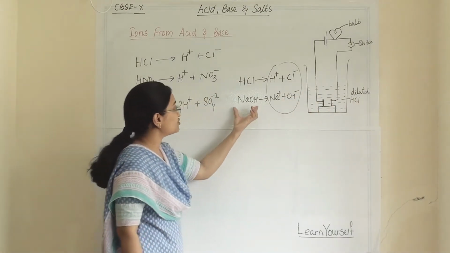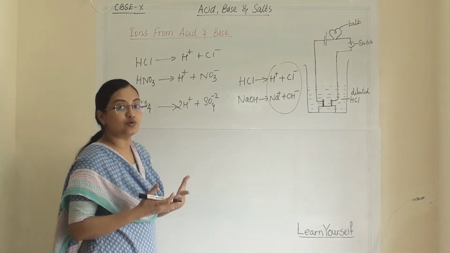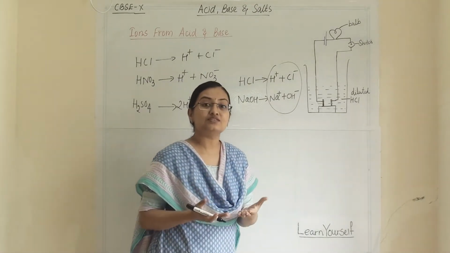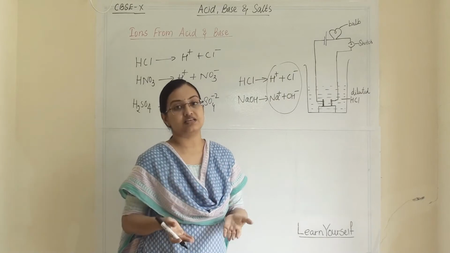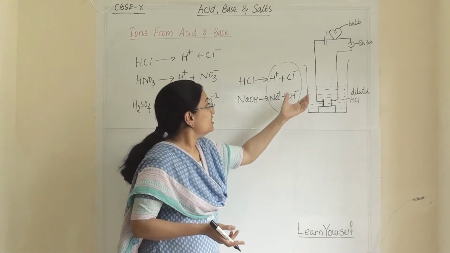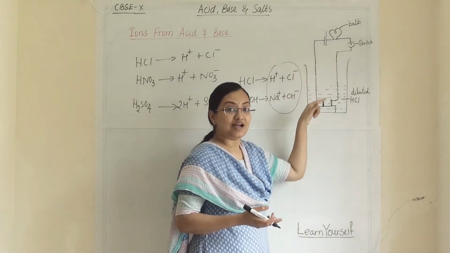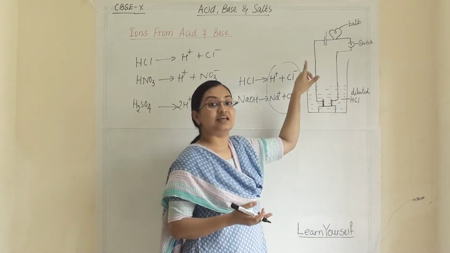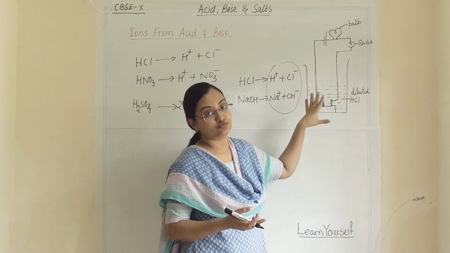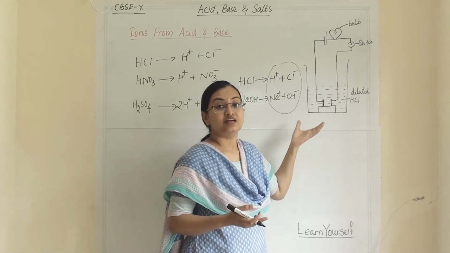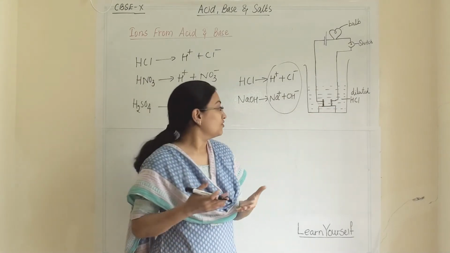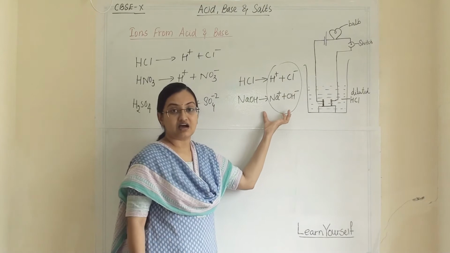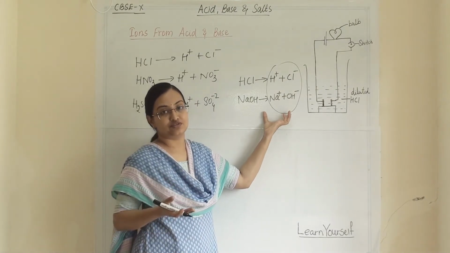In the case of bases also, whichever base you take, those bases also dissociate and give us ions. When our bulb glows, that says that electricity is passing through the circuit, and electricity is passing with the ions. The ions are the carriers of electricity.